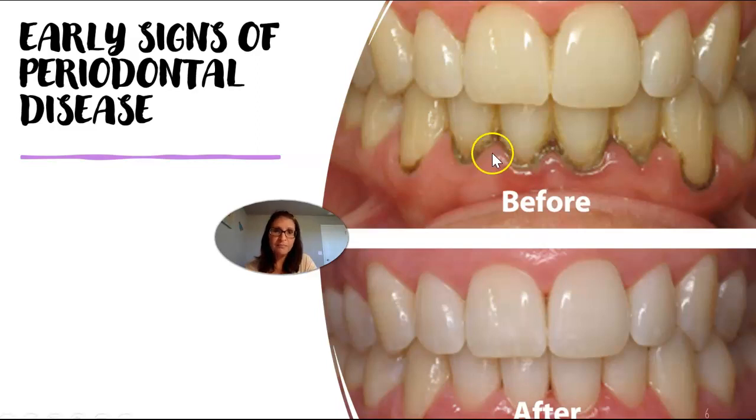Calculus we cannot. You can see that all along the gum line, this is all bacteria. Plaque and calculus have a lot of bacteria in them, which can be very dangerous because it can cause infection. We can see that the gum tissue is very puffy.